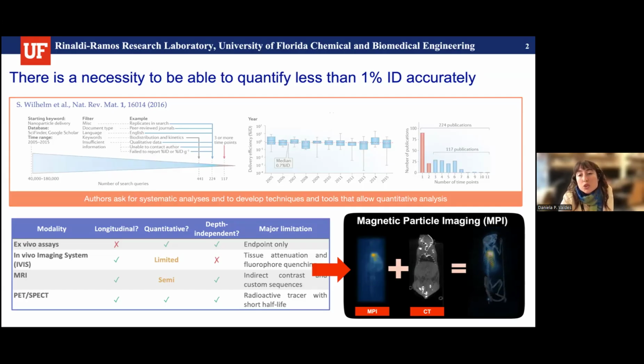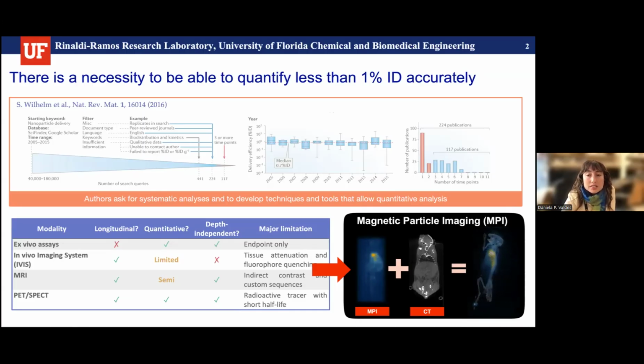In this case, I'm showing an in vivo image of a mouse that has been injected with particles 1 hour after injection, together with the CT of that mouse, and then the 3D volume rendering that contains a skeleton segmentation that we produce from the CT registered to the MPI volume.